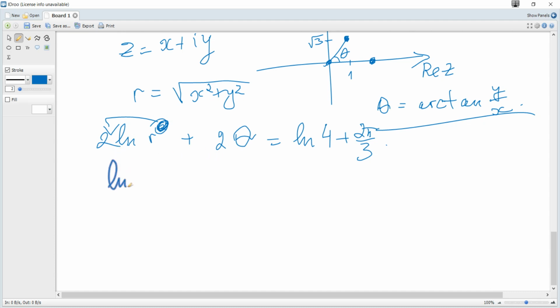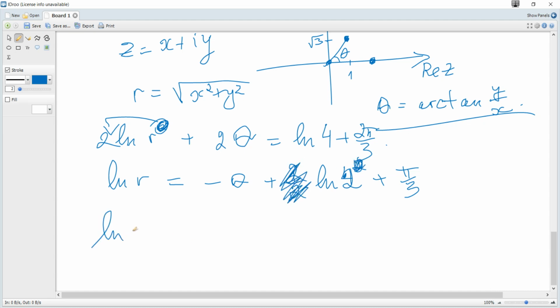So it becomes ln of r plus theta, and we can move theta to the right. So it becomes minus theta, plus a half ln of 4, plus pi over 3, and again it's 4 is 2 squared, and the squared moves in front, and 2 over 2 is 1.